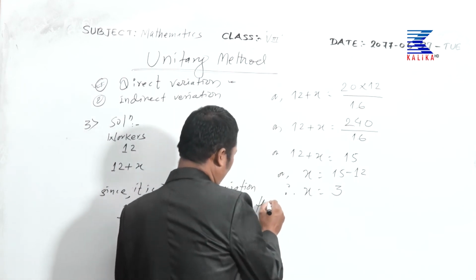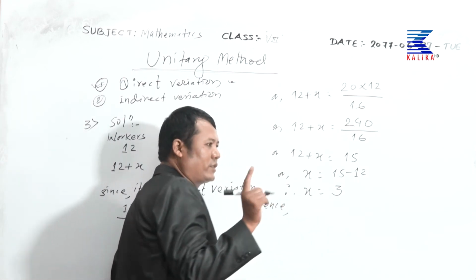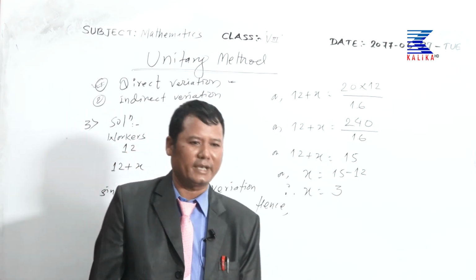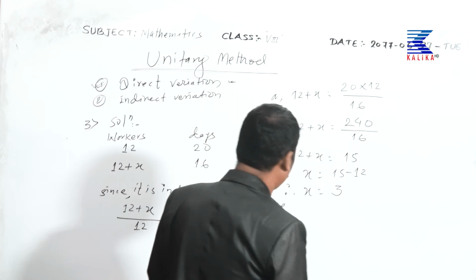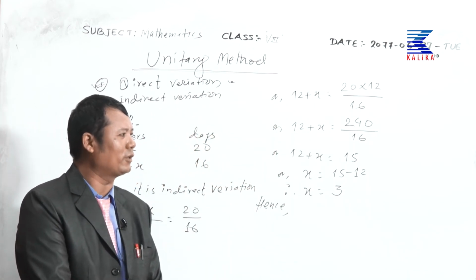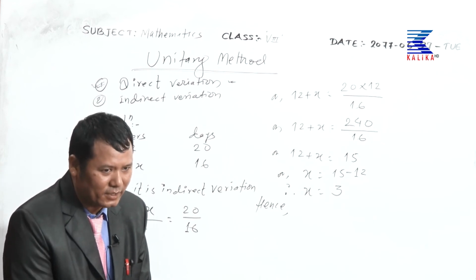Hence, 3 workers should be added to complete the work in 16 days. Look at the question: how many workers should be added to complete the work in 16 days?